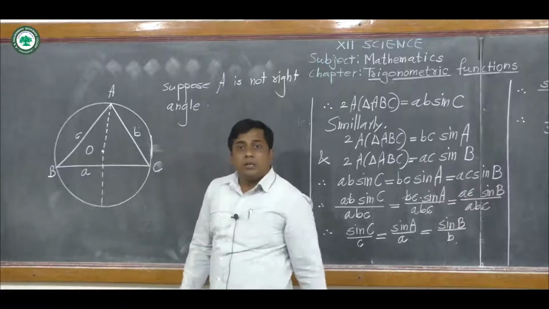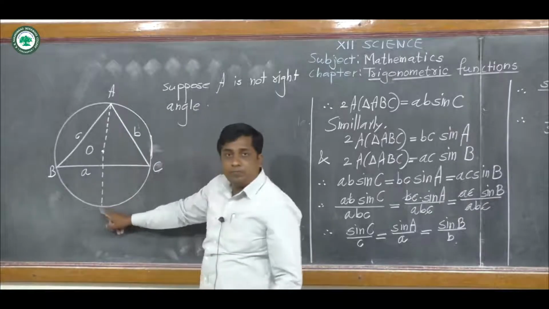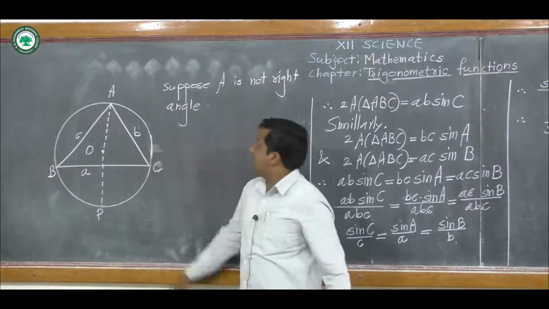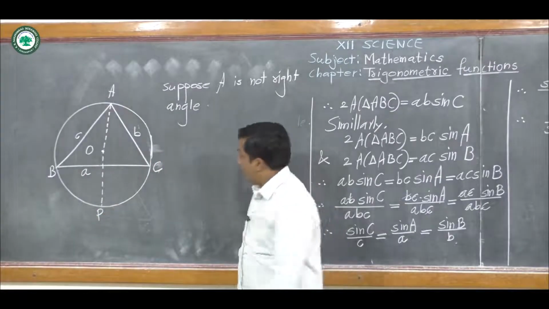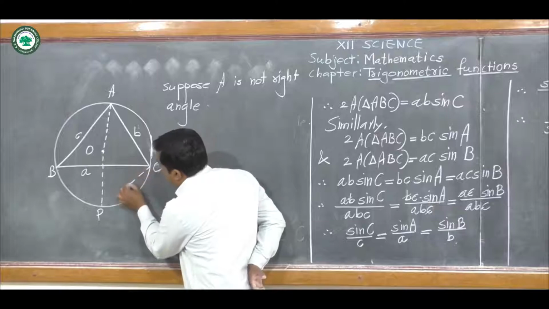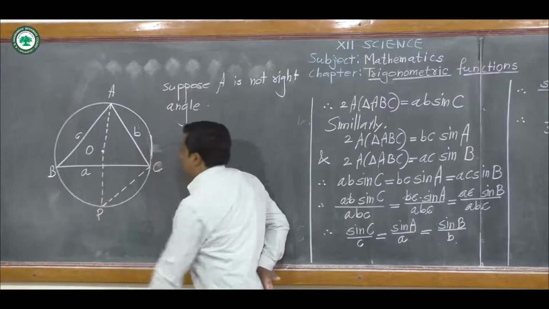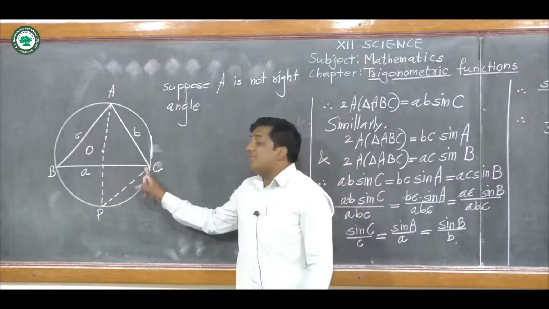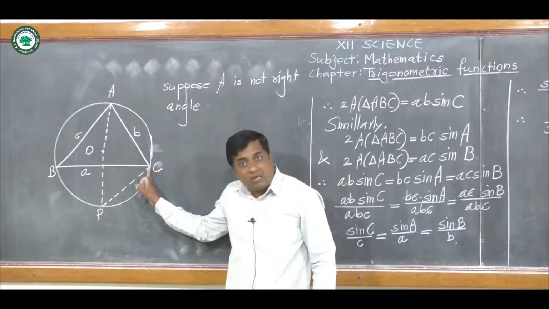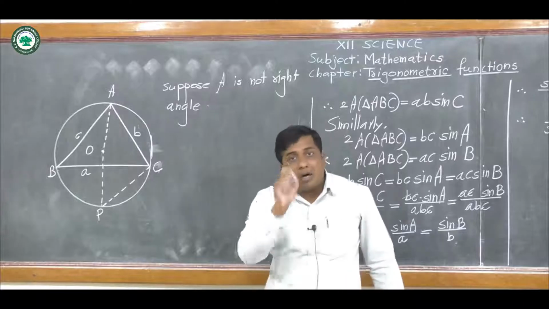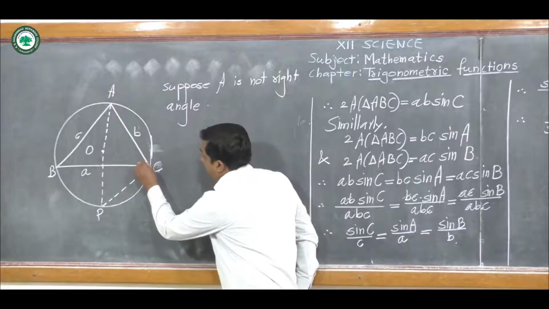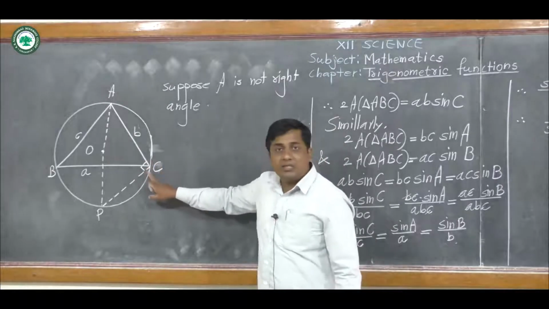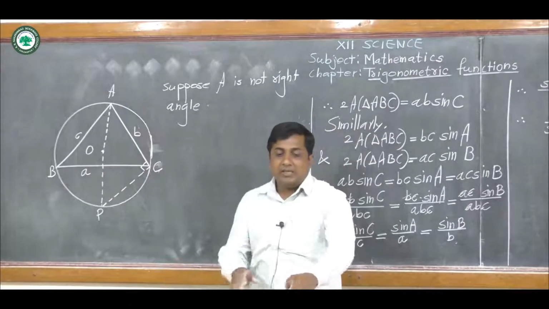Another point on this diameter is P. Let us consider this as P. Then we join P and C. Now we know one important relation: the angle subtended on a semicircle is always a right angle. So the angle at C is 90 degrees.